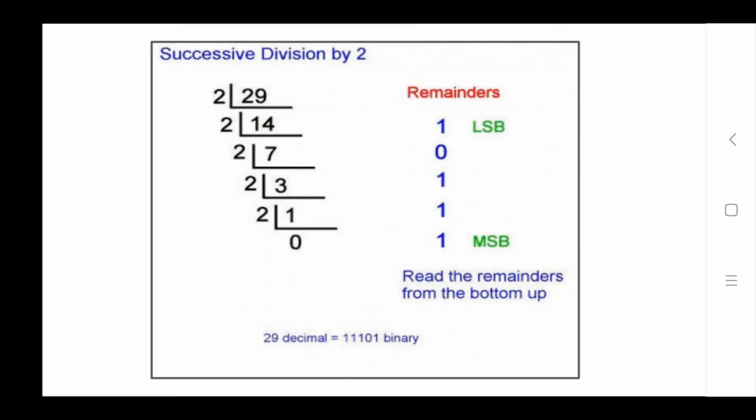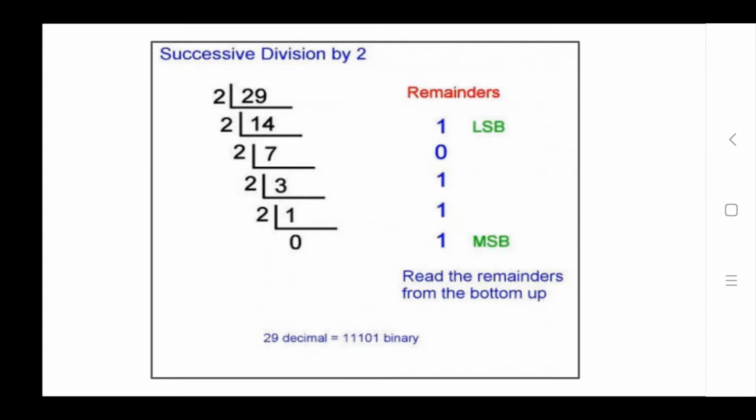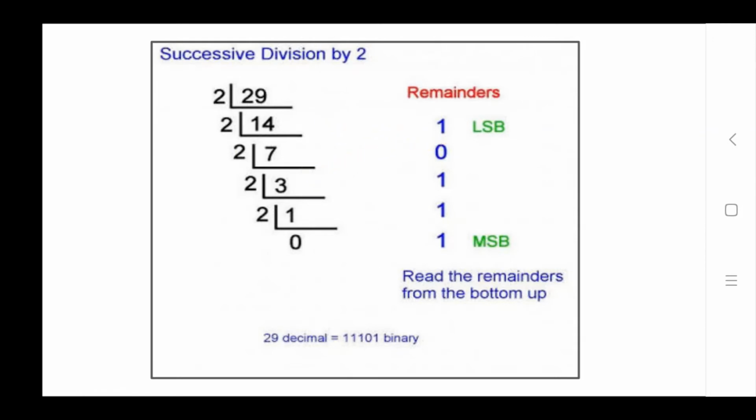See here, I will take number 29 and the base is 2. 29 is the dividend and 2 is the divisor. 2 times 14 is 28, so we get remainder 1. Then 2 times 7 is 14, so we get remainder 1. Then 2 times 3 is 6, so we get remainder 1. Then 2 times 1 is 2, so we get remainder 1.